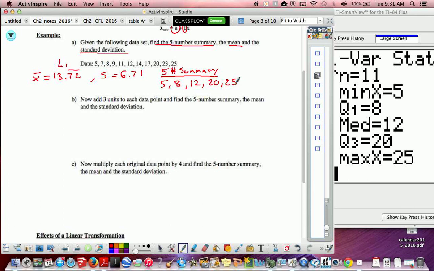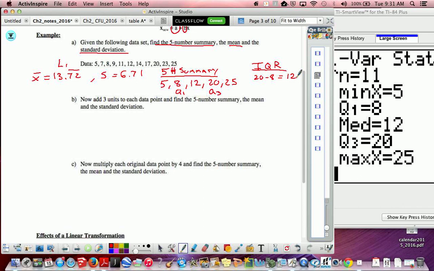I am going to throw up one other piece up here, and that's the interquartile range, IQR. Interquartile range is Q3 minus Q1, so 20 minus 8 gives me a middle 50% range of 12 points, or whatever these values represent.